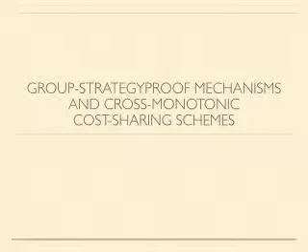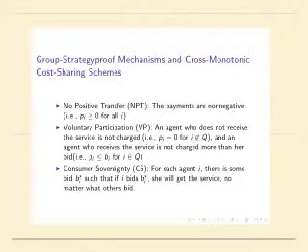We further assume that the utility of agent i is given by u_i times q_i minus x_i, where q_i is an indicator variable that indicates whether she has received the service or not, and x_i is the amount she has to pay.